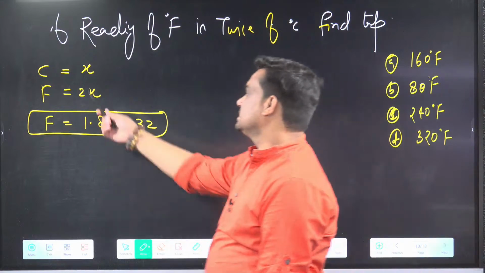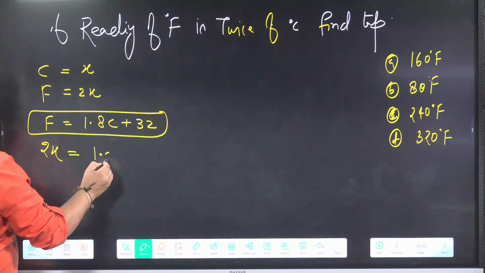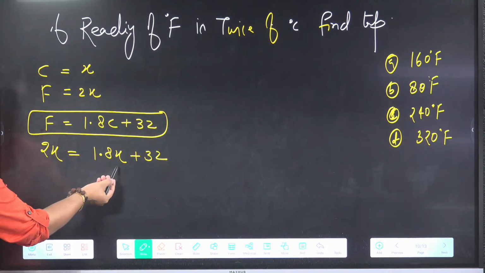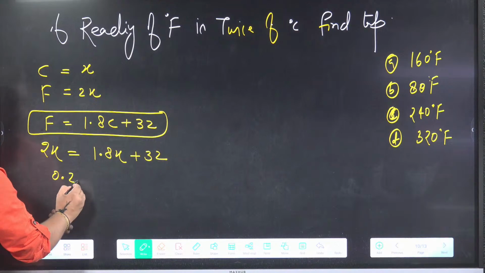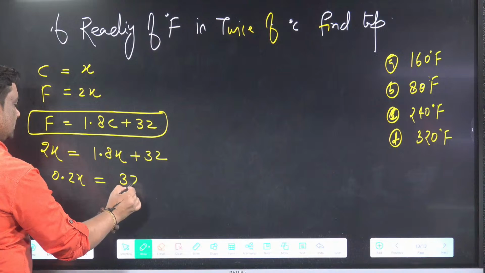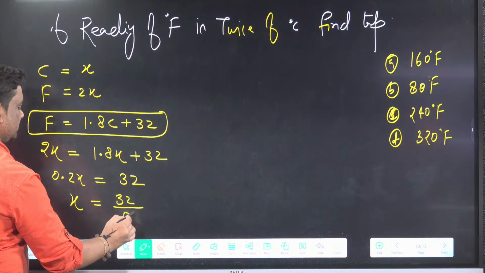So now we can say C is X, F is 2X. So I'll put here 2X equal to 1.8X plus 32. I can take this side, so 0.2X equal to 32. So X equal to 32 divided by 0.2.